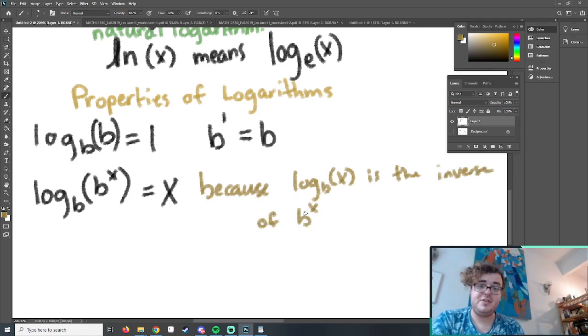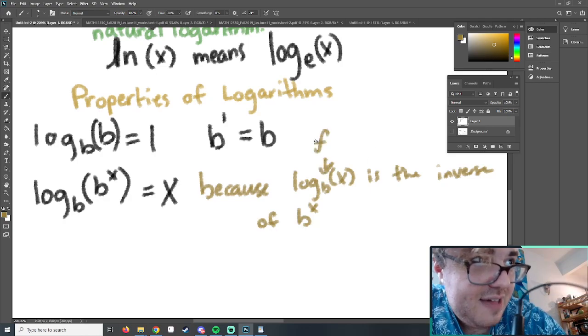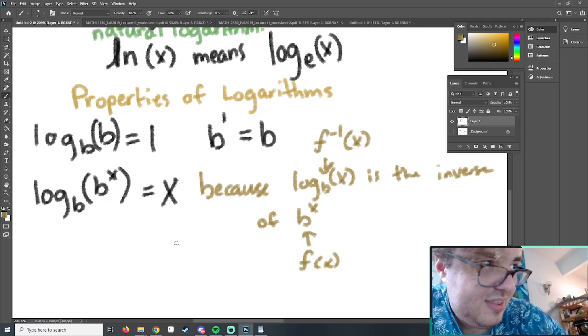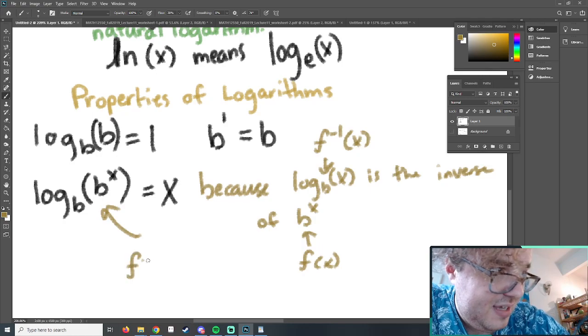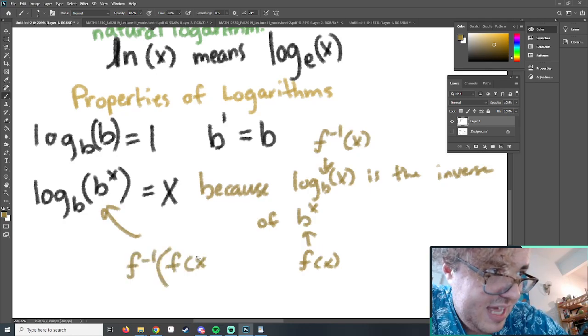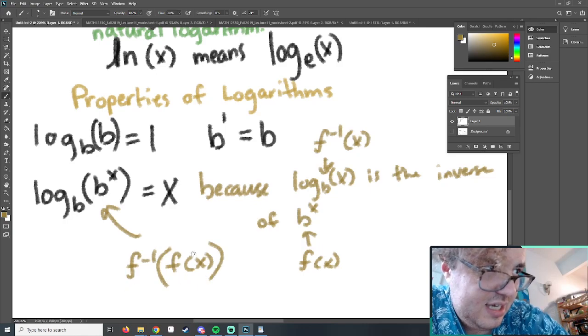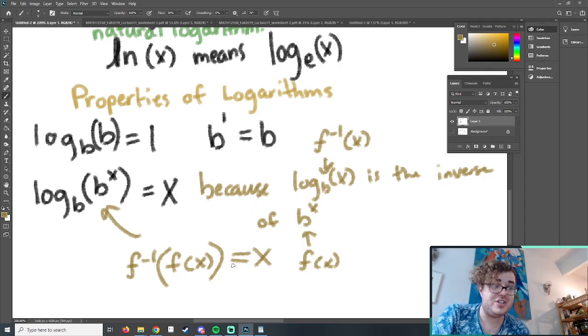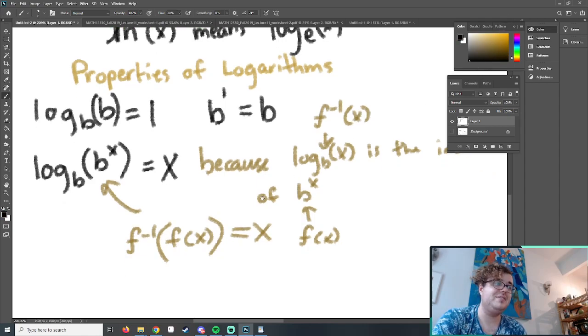And we have a rule about inverse functions, which is that if you stick one inside of another, they cancel out. If you think of this as f inverse of x, and this as f of x, then this is f inverse of f of x. And if you remember from our lesson on inverse functions, that always equals x. That's one of the definitions of an inverse function: if you compose it with the original, you get x. Now, that definition works both ways, right? F of f inverse of x is also x, and so we get this second lovely fact.